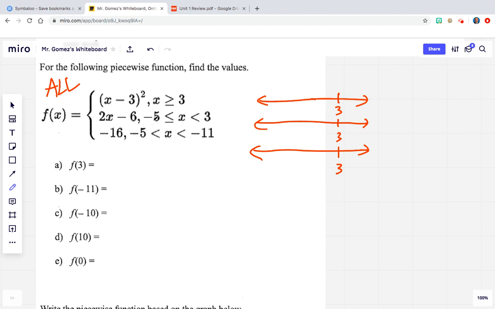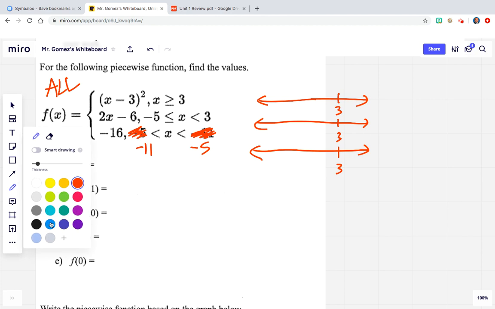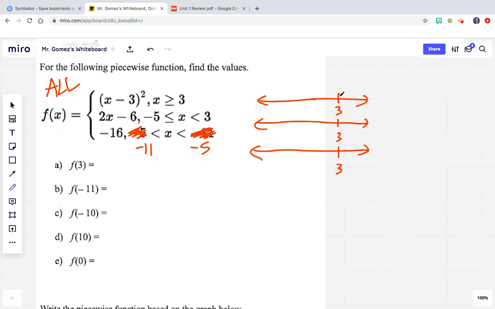I believe what this was saying is that this should have been -11 to -5. So these actually got switched and are incorrect. So that this first one shows this. Let me show you what I'm talking about. X's that are greater than or equal to 3.